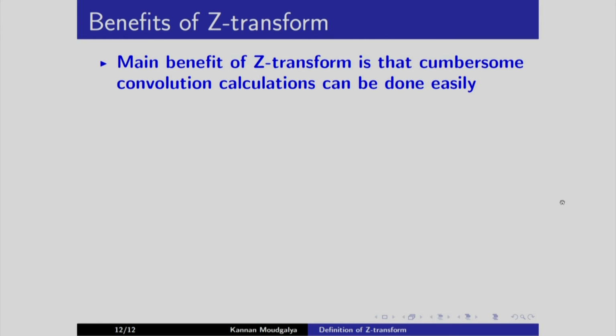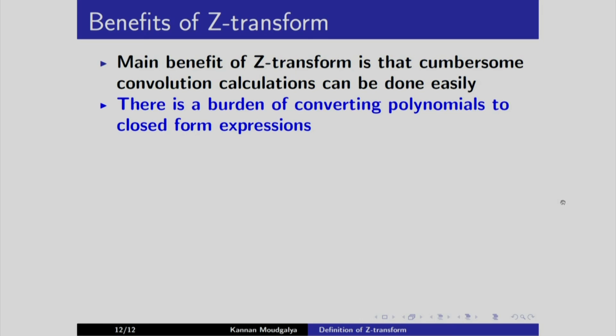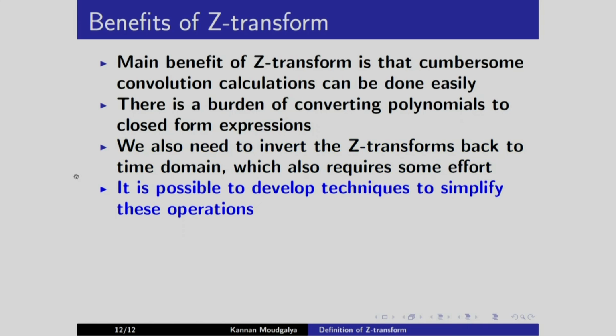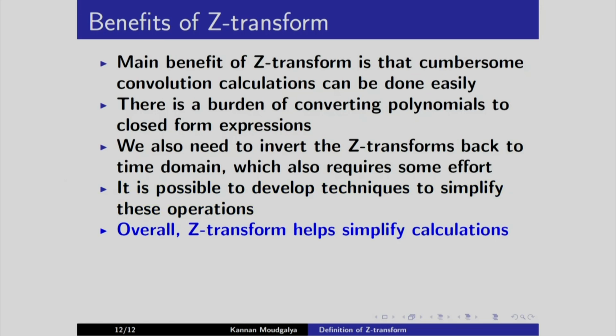What are the benefits of the Z transform? The first thing is that convolution calculations can be carried out easily. Of course, there is a burden of converting polynomials to closed form expressions. We also need to invert Z transforms back to the time domain. This requires additional effort, but we will show that it is possible to develop techniques to simplify these operations.